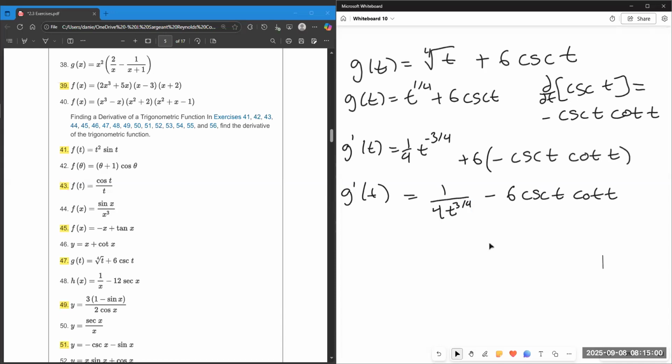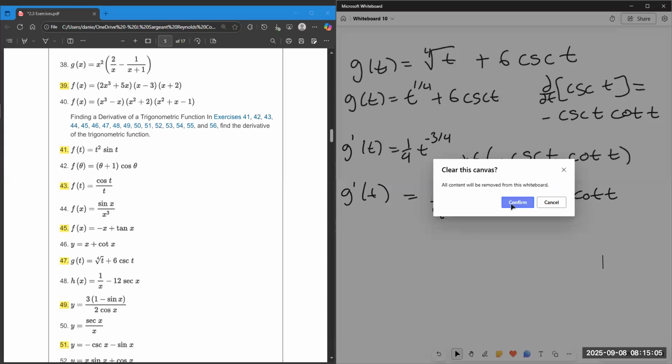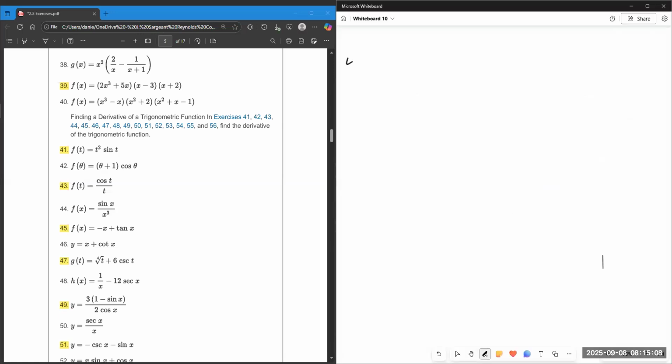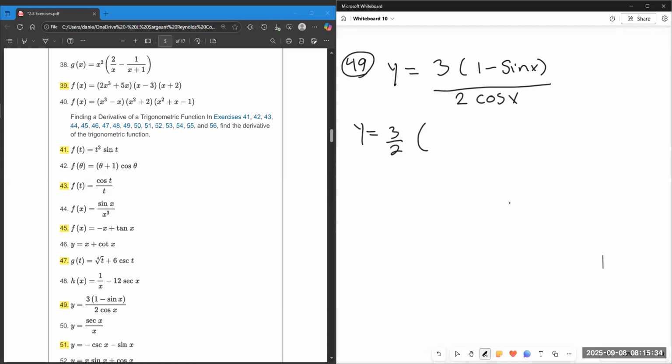Let's look at 49. 49 says that y equals 3 times 1 minus sine x over 2 cosine of x. And I would like to rewrite this. Y equals 3/2 times 1 over cosine is secant.